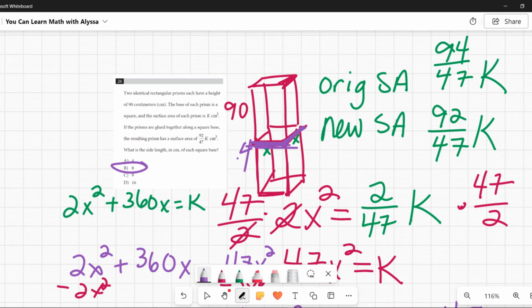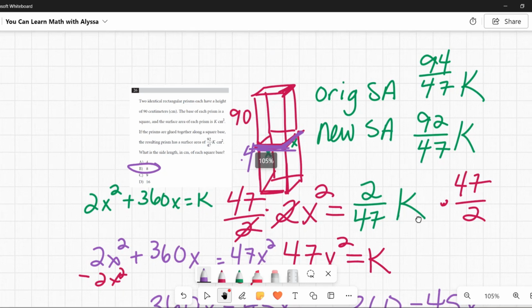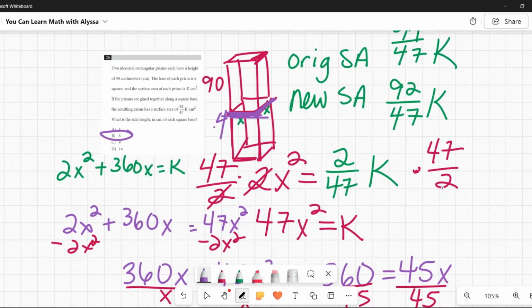What would the new surface area be? Would it be equal to this proportion? That's the other way you can do it. I don't know that either of those is much faster than the other. It's a tricky little, it's an odd problem.